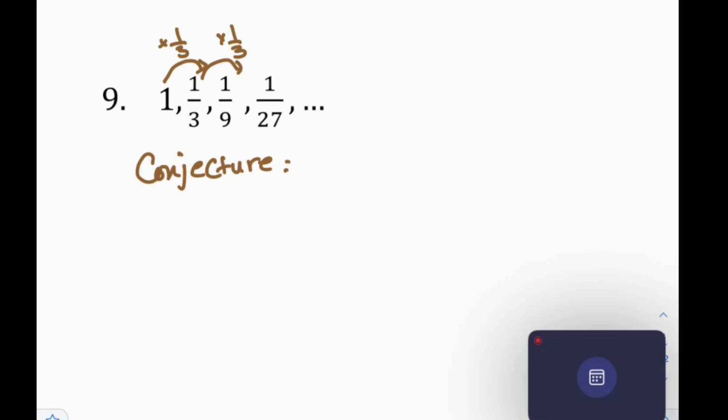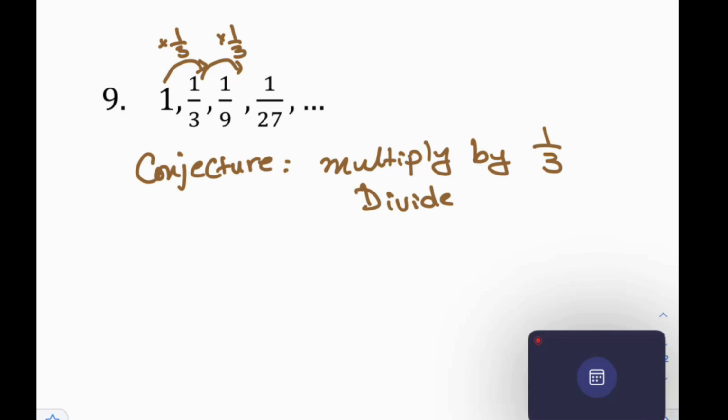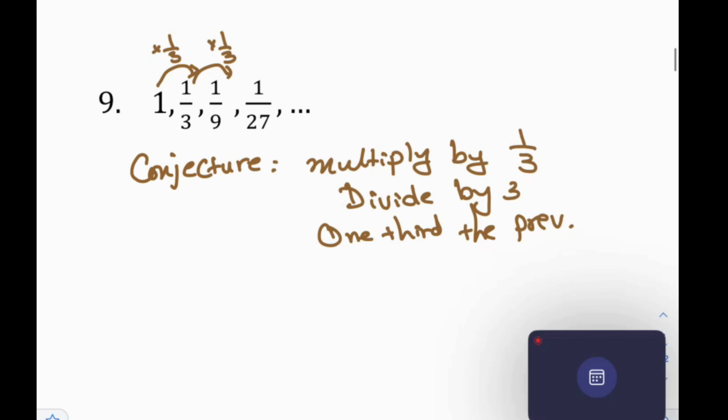So the conjecture is multiply by 1 over 3 or divide by 3, or you can say each term is 1/3 of the previous term. That's it. So the next term will be by multiplying by 1 over 3. So 1 over 27 times 1 over 3, which is 1 over 81.